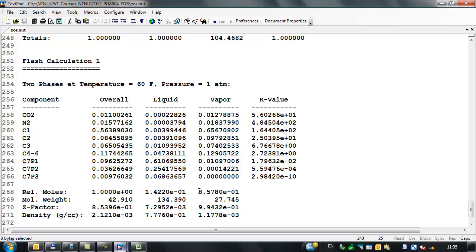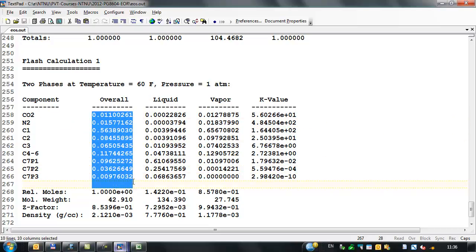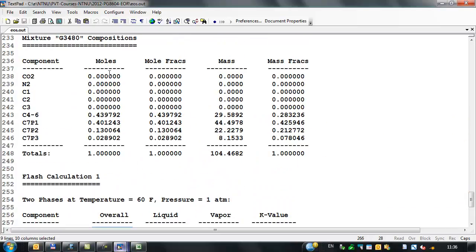Now in the simulator, when it takes that oil, it's not going to do any flash calculation with it, because you're saying you don't want to use the separator flash. You're going to use the component split. So it's going to take that overall composition here, except, okay, well, maybe the problem is that it's got the wrong stuff here. It's not taking this.